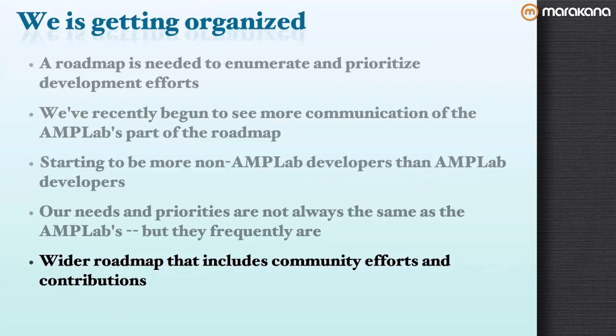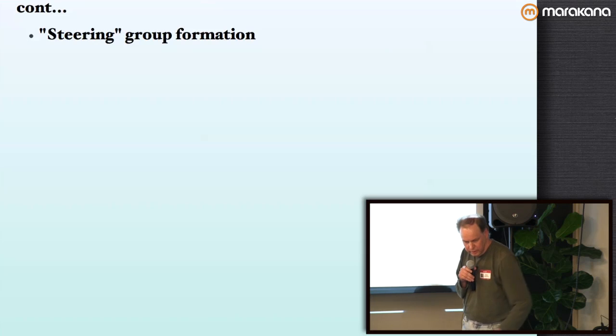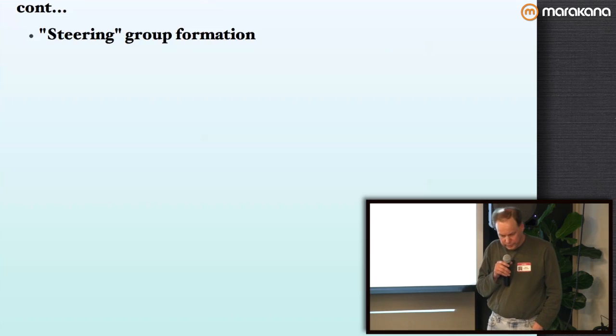So what we need is a wider roadmap, something wider than just the AMPLab's ideas of what should take place next. That's going to include all these community efforts and contributions. So that's actually something that I've been involved with over the past couple of months: organizing and coordinating a kind of "steering group."